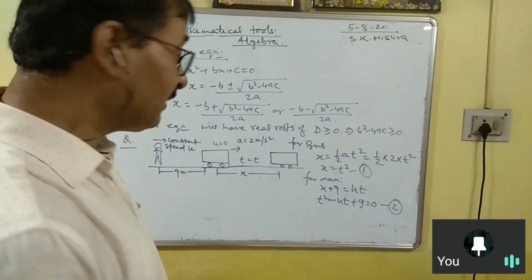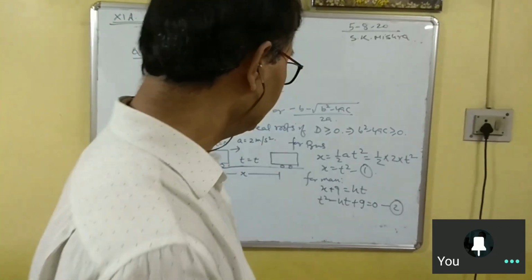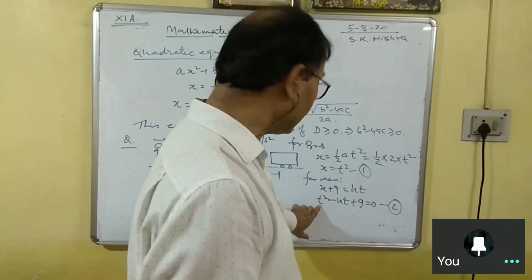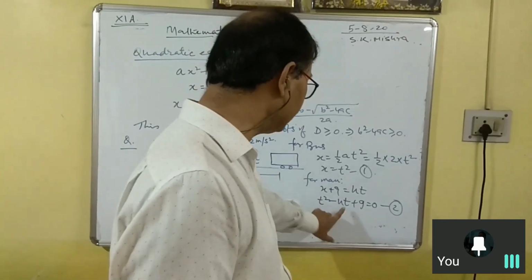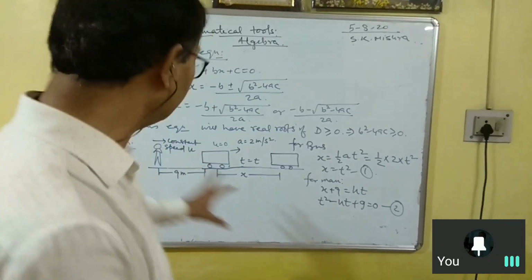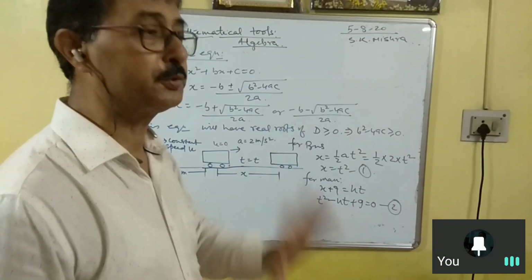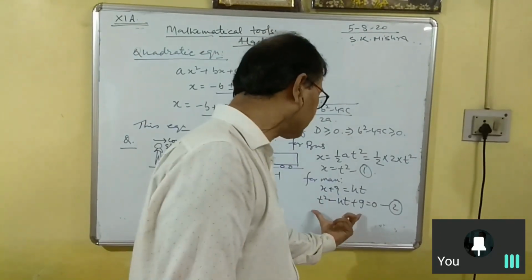Now the problem starts. You have only one independent equation and the unknown variables are 2. See, t and u both are unknown. u is not known to you, and at the same time t is also not known to you. And you have only one equation.